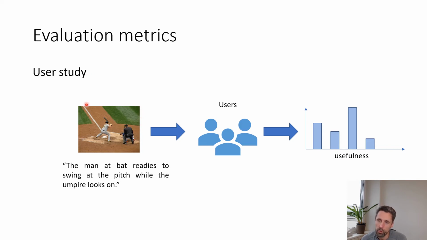You take your image and the description that your model has generated, take a couple of users and show them input and output, and then they should rate, for example, how useful these are, how correct they are, or how broadly or how specifically they explain things.